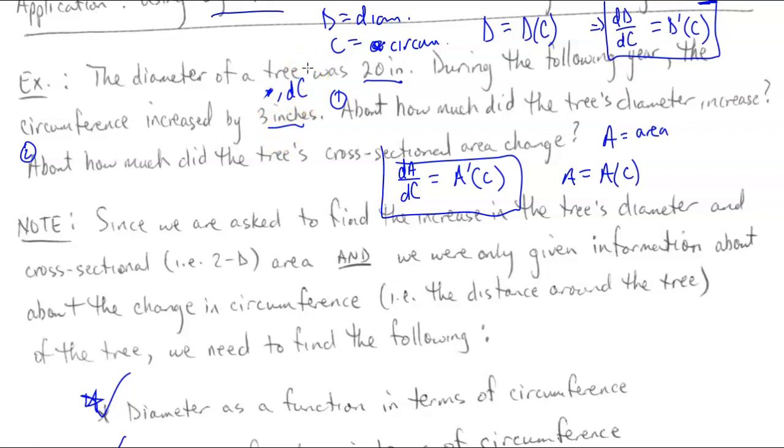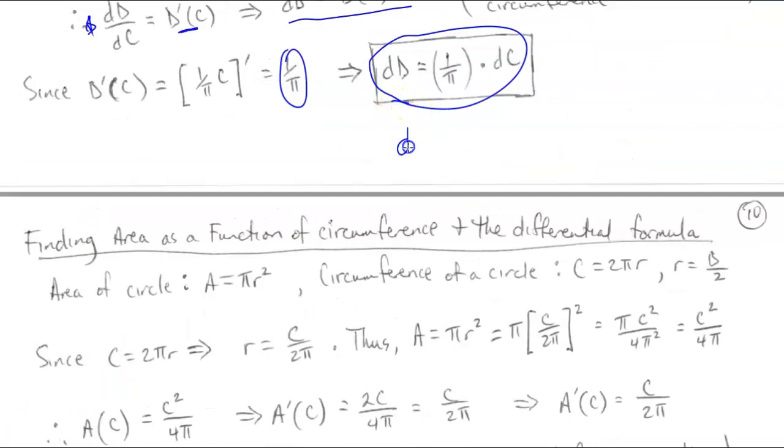And I'm going to wait to the end to do that. I'm actually going to do the same kind of derivation we did for the first question for the second one, and then do them both at the same time. All right, so here, just want to remind you, we're going to hold this thought that we know that the circumference changes by 3 inches.